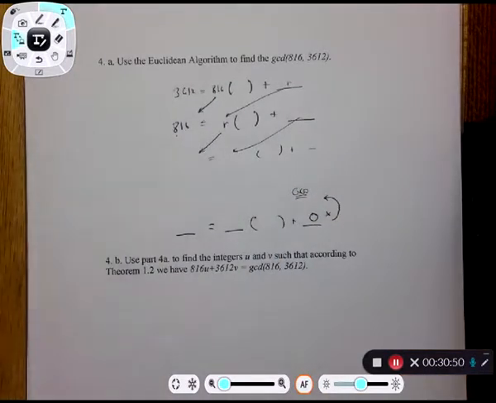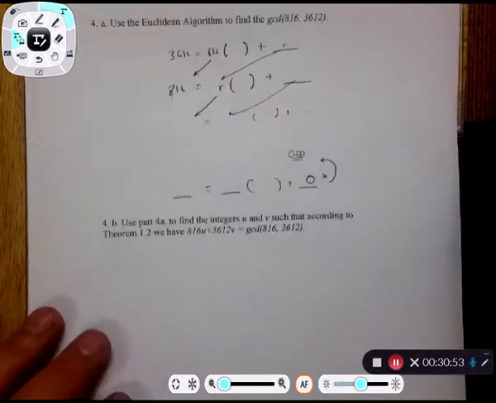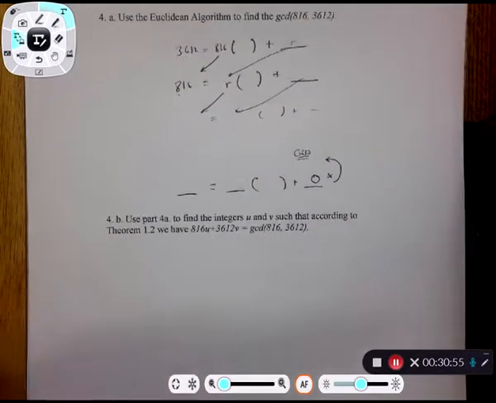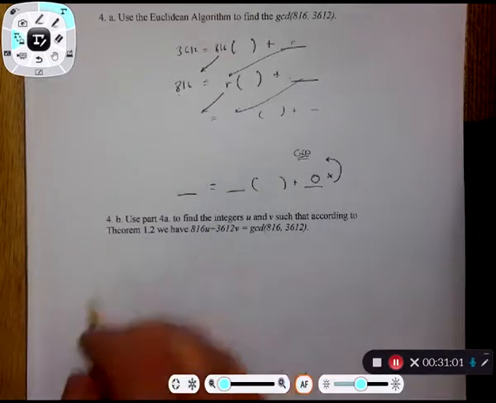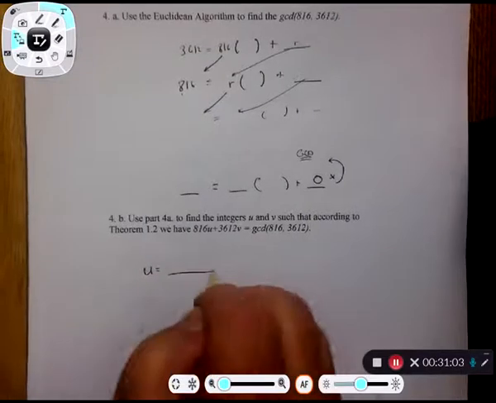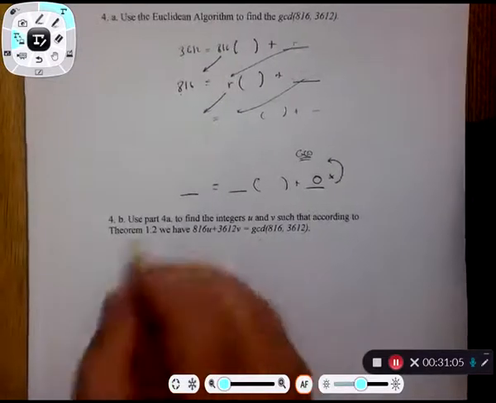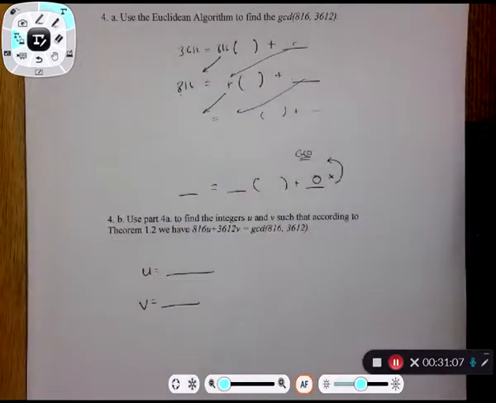Now the other thing I want is to finish up that concept of Theorem 1.2. I want you to tell me who U and V are going to be. Find the integers. So at the end of the day, I want you to tell me U equals this guy and V equals this guy. These guys are not proofs. These guys are manipulating equations.